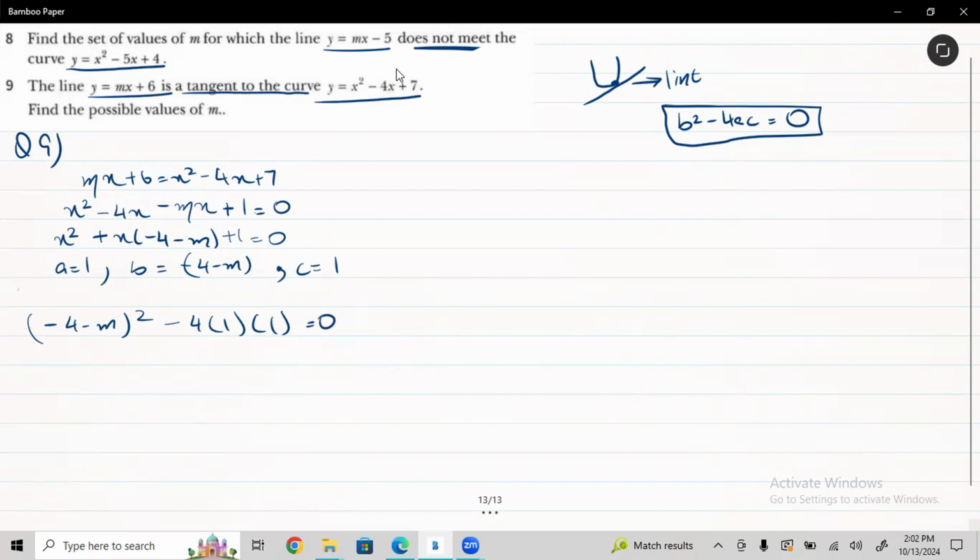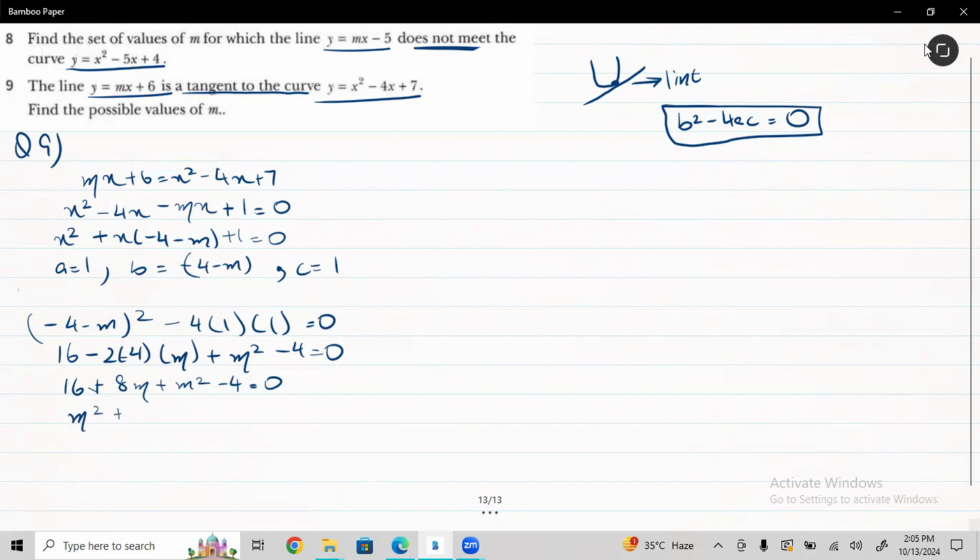So that would be negative 4 multiplied by negative 4 is 16, positive 16, minus 2 multiplied by a, which is negative 4, multiplied by b, which is m, plus b squared, which is m squared, minus 4 is equal to 0. So we are going to get 16 plus 4 2 is 8m plus m squared minus 4. So 16 minus 4 would be 12. So that would become m squared plus 8m plus 12 is equal to 0.